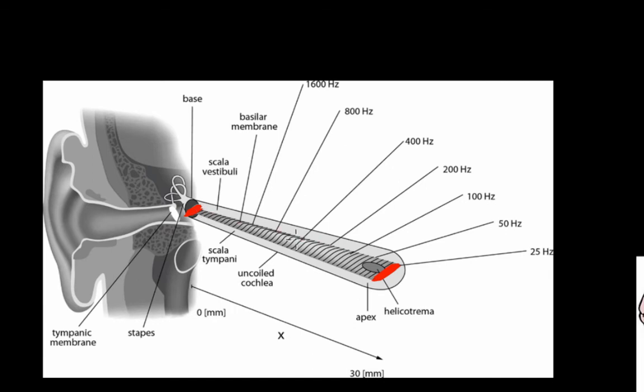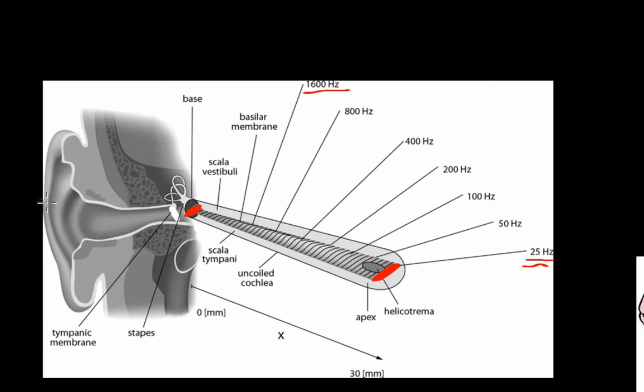This membrane right here is the basilar membrane, and there are hair cells implanted inside of it. There are a whole bunch of these hair cells. Hair cells closer to the very base respond to a very high frequency, so this is 1600 hertz, and hair cells closer to the apex respond to a lower frequency, so 25 hertz. This would be something like a bass drum, and something with a very high frequency would be something like bees' wings flapping in the air.